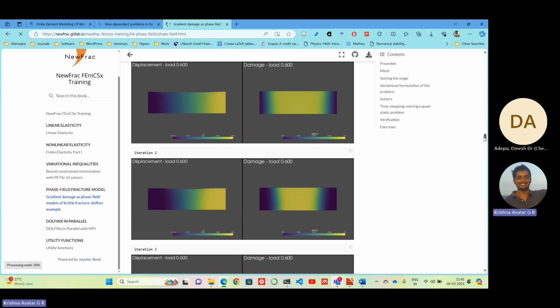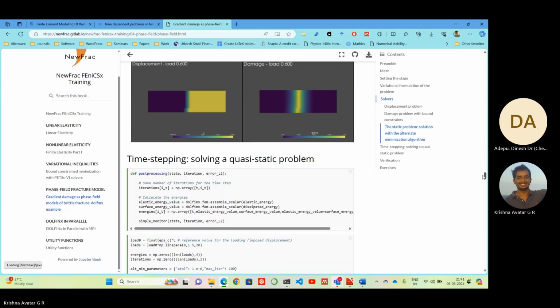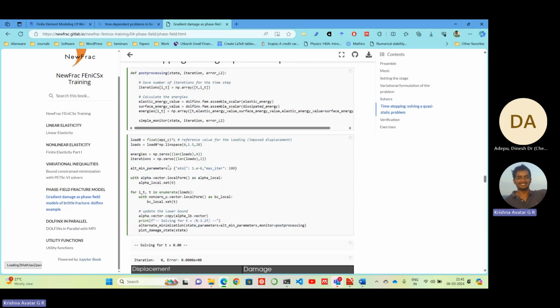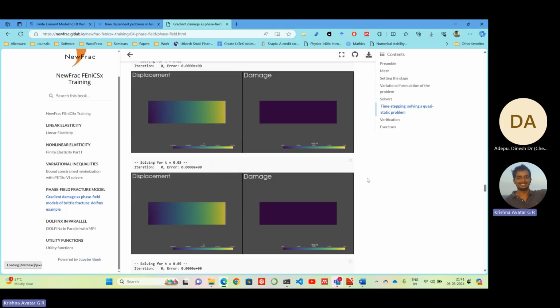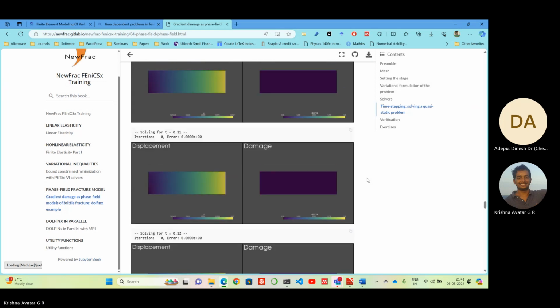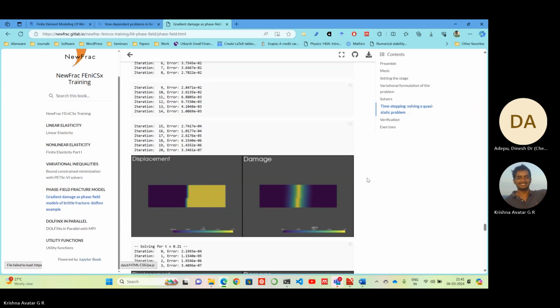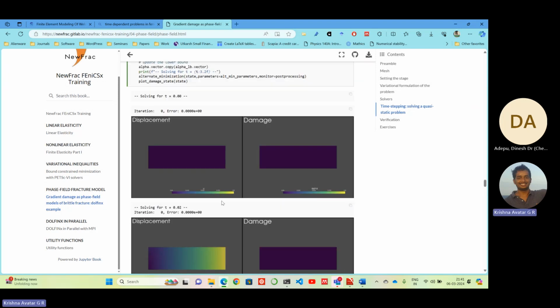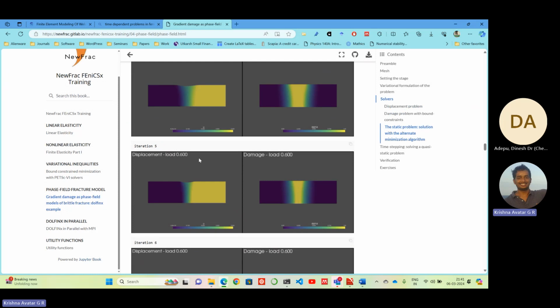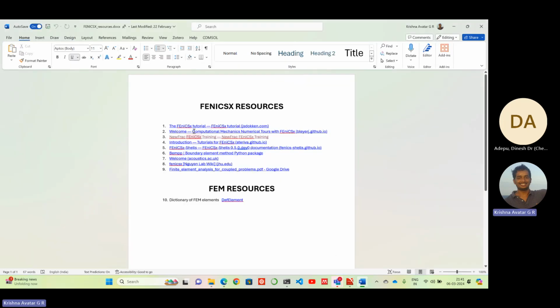There is time stepping here, but it's solving a quasi-static problem. I see, so this one has something to do with time dependence. This tutorial has something.